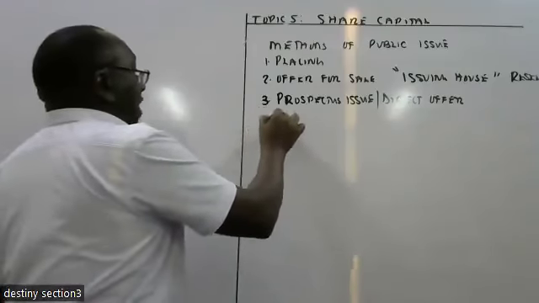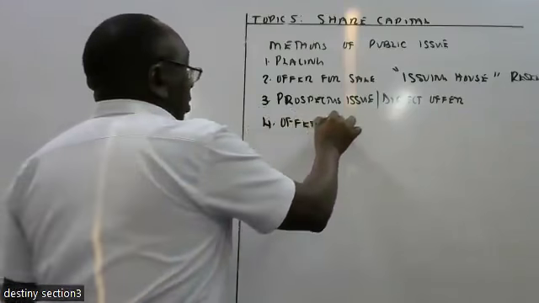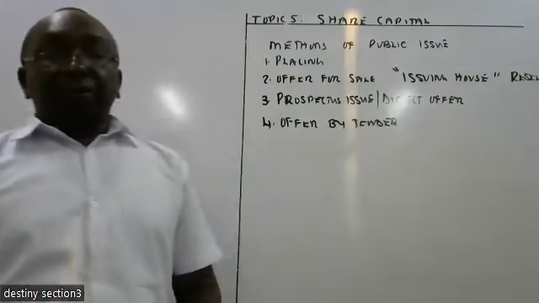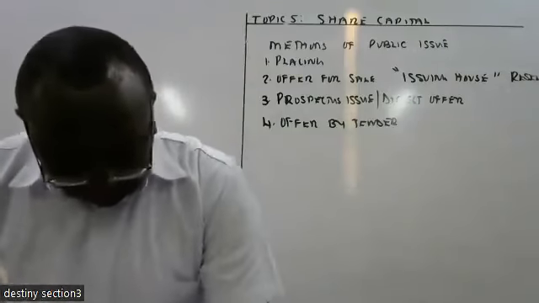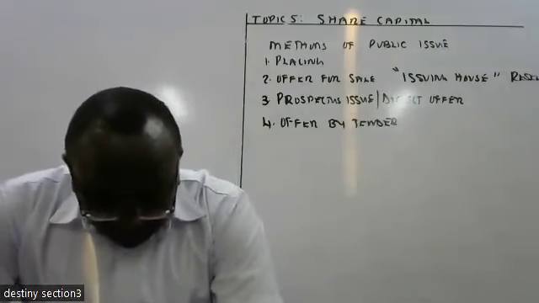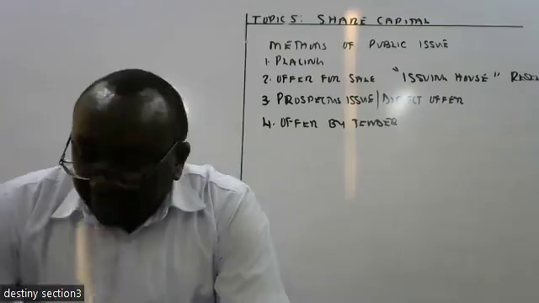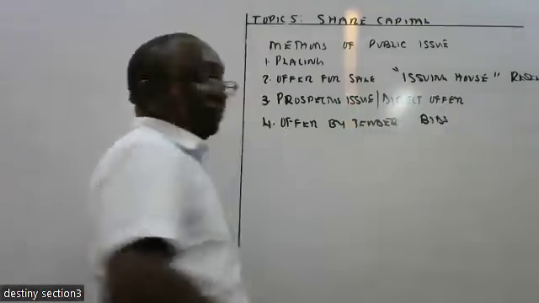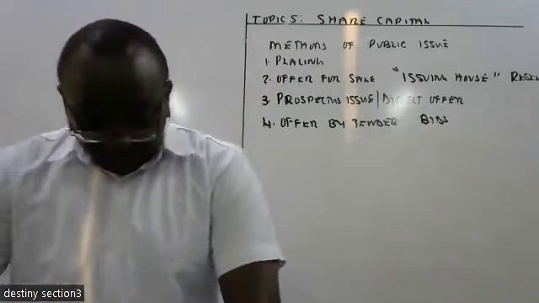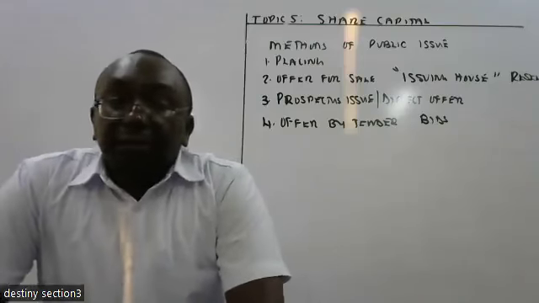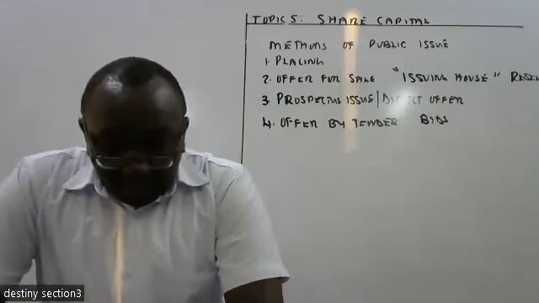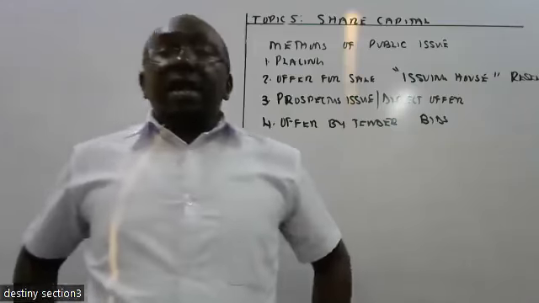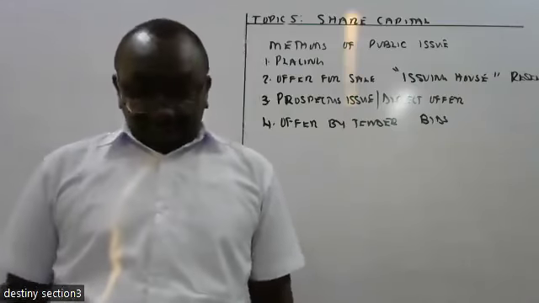Number four is offer by tender. The company invites bids from the public, and the highest bidder gets the shares.